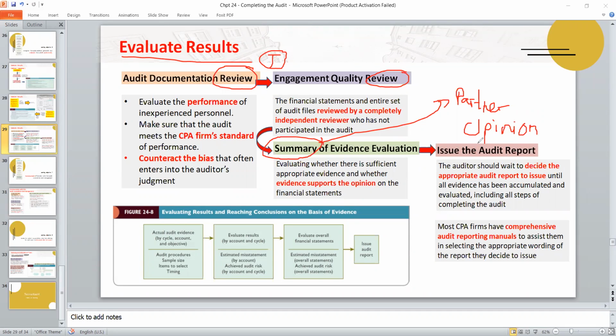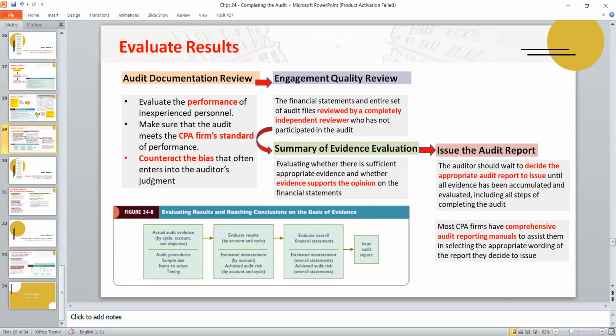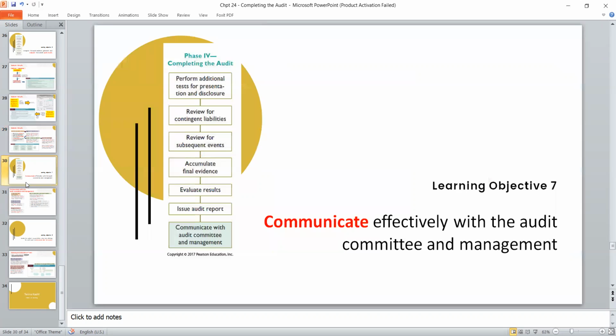After that, once they have the opinion, they will issue the audit report. Audit evidence, evaluate the result, evaluate the overall financial statement, summary, issue the audit report. These are the steps before they issue the audit report.